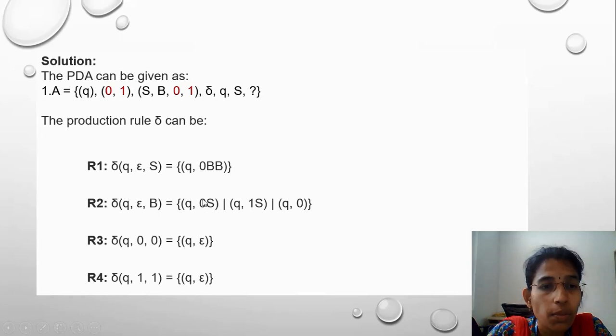These are the PDA rules. Now we complete the two production rules for the non-terminals. Next I take the terminals 0 comma 1. So 0 comma 0 is epsilon, 1 comma 1 is epsilon. These four rules are present in the PDA.